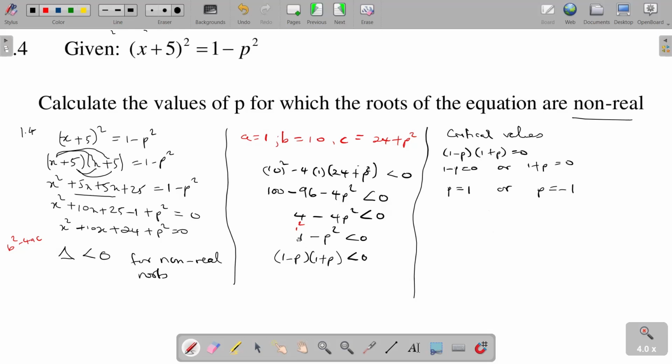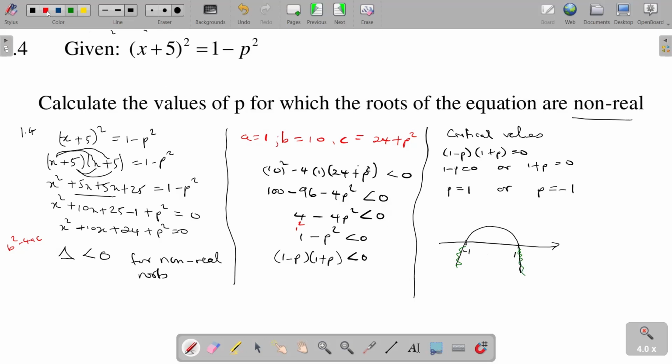We come here to the standard form. It's saying minus, so it means the graph of the function is supposed to be mountain shaped. So we are going to sketch the graph of this nature with -1 and +1. Then we check the inequality. It is saying less than 0. We want the part which is below the horizontal line, so we'll be talking of this side and this side.